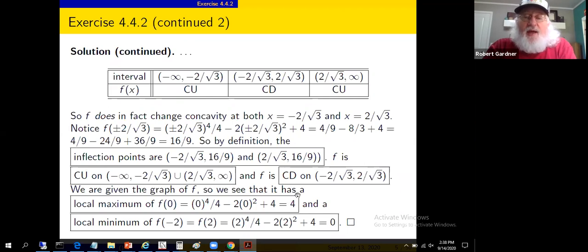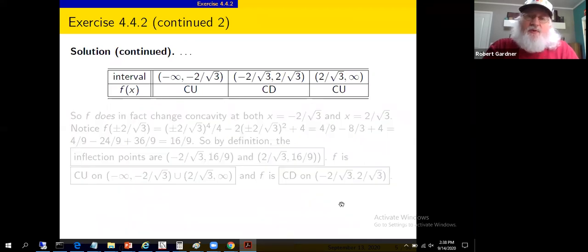They gave us the original graph. And from that graph, we can see there was a maximum at 0 and a minimum at -2 and 2. We found those to be the critical points. So let me go back and look at the graph. We found those to be the critical points, so that must be where there are horizontal tangent lines.